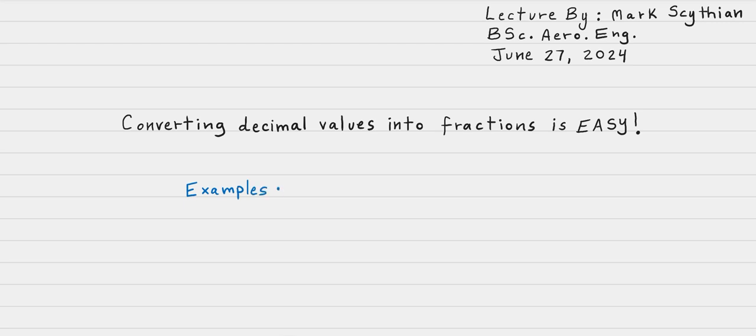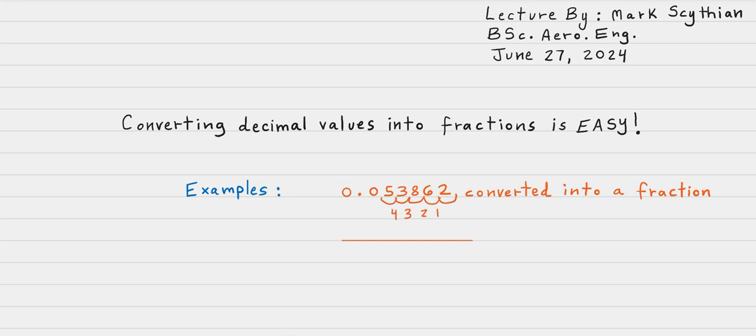so here's some examples. Let's say we have the decimal expression 0.053862. We want to convert it into a fraction at its lowest terms. So all we need to do is count the number of decimal places.